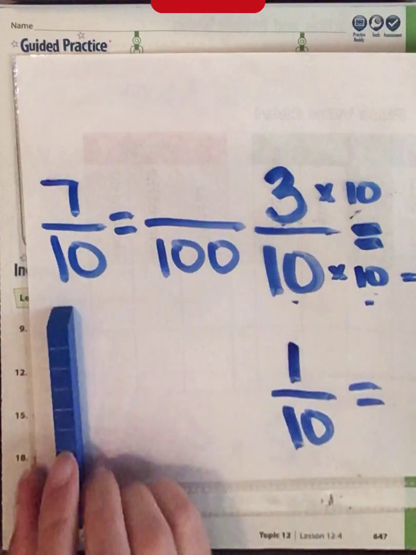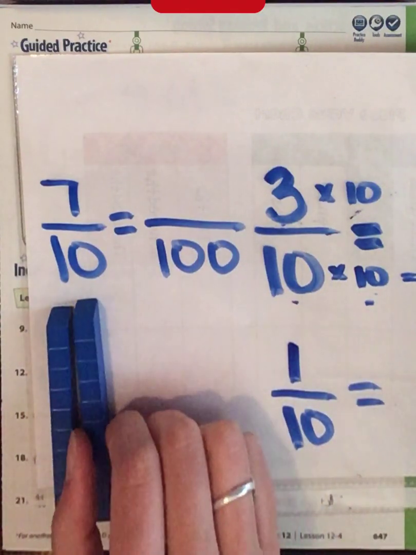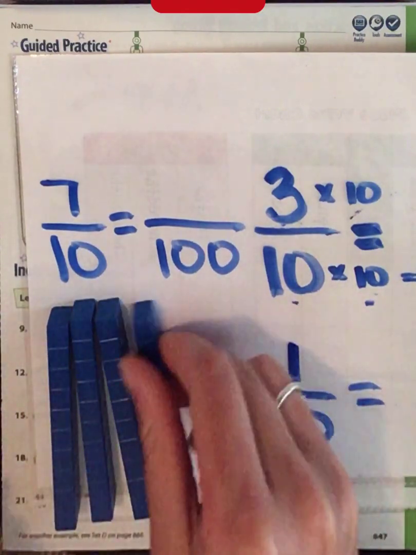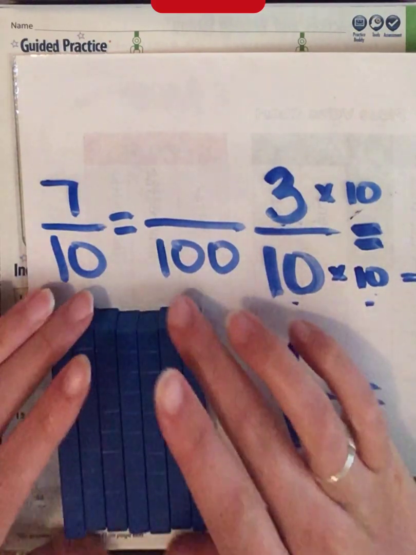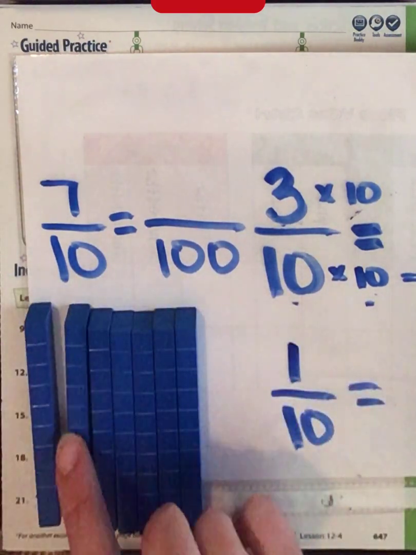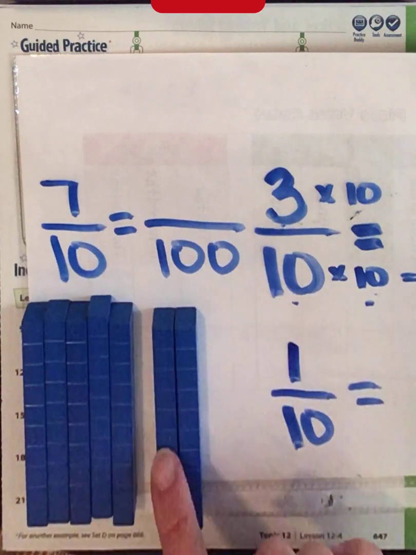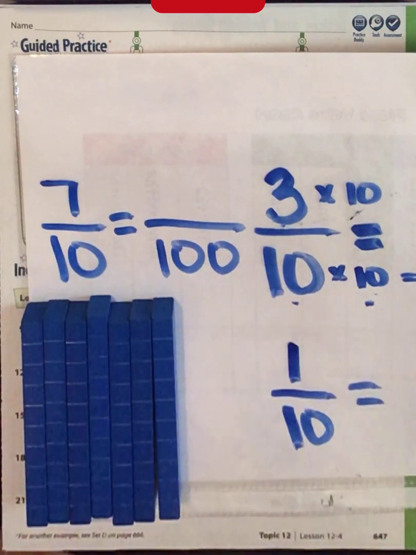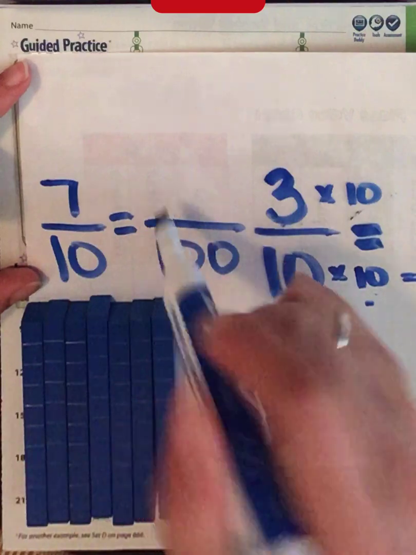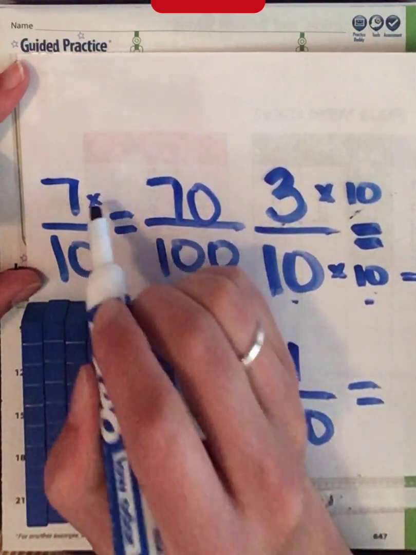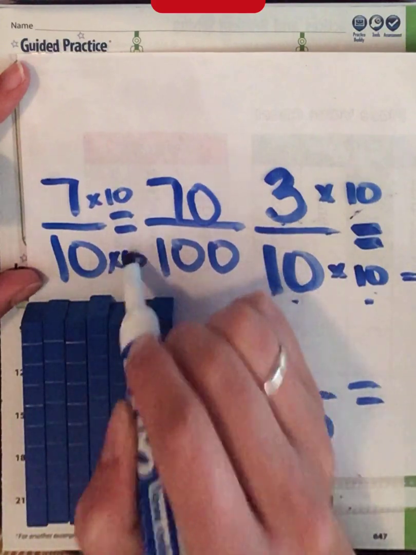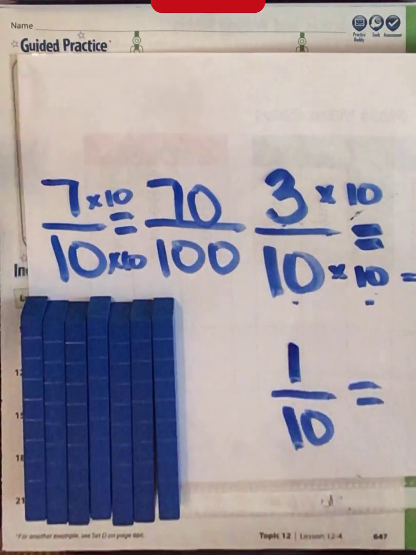Okay, that's like taking 7/10. 1, 2, 3, 4, 5, 6, 7. So I could count 10, 20, 30, 40, 50, 60, 70. 7/10 is equal to 70 hundredths. I got that by multiplying by 10 on top and bottom, by thinking about tenths.